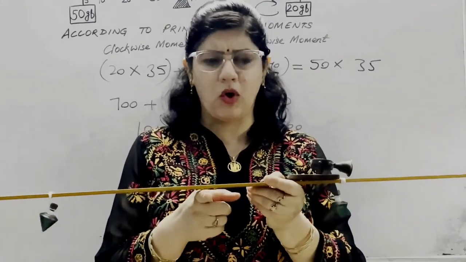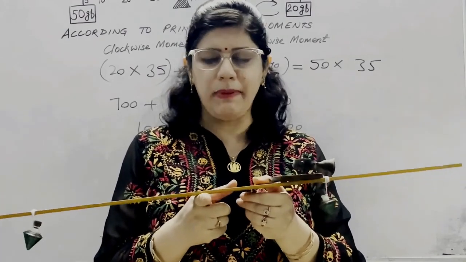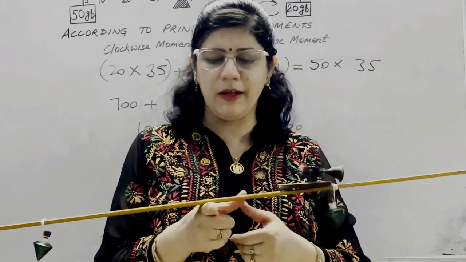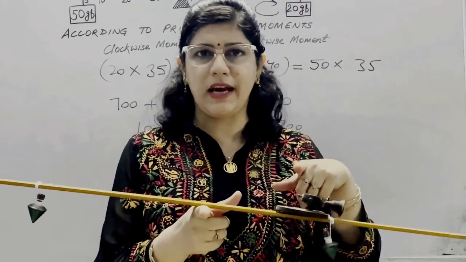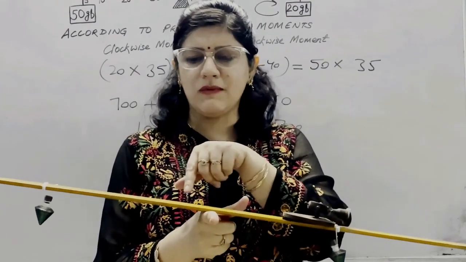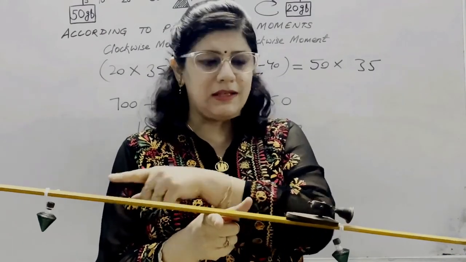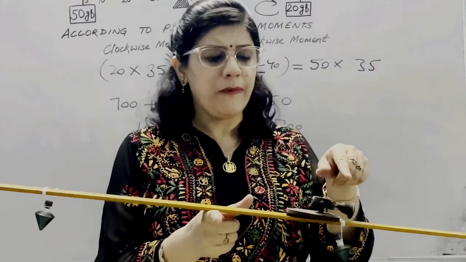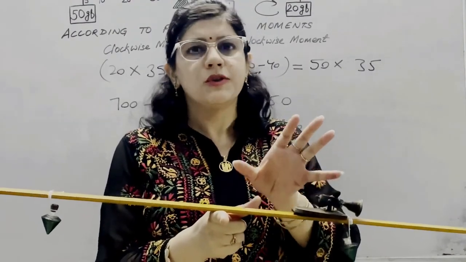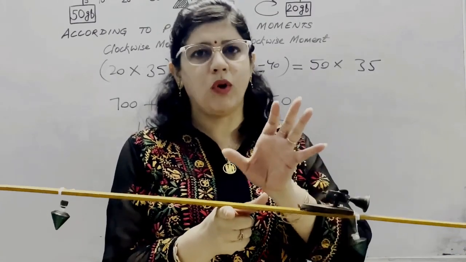It will give a clockwise motion to this uniform meter scale, but I can balance it by reducing its distance. If I reduce the distance on the left hand side, even then I can balance the scale, because for the anti-clockwise moment the distance is greater since the weight is less. On the clockwise side the weight is more, but we reduce the distance so that the product remains the same on both sides and the scale is in the equilibrium position.